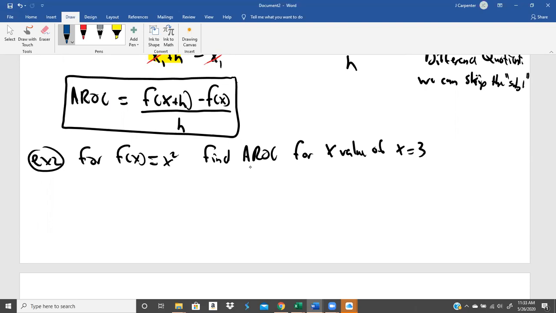And then with h's, for a, we'll do 1, which is honestly too big. For b, we'll do 0.1, and for c, we'll do 0.01.